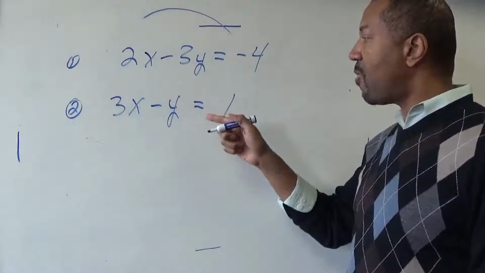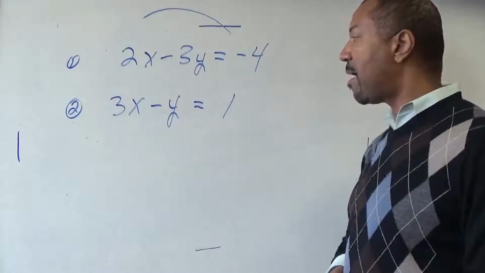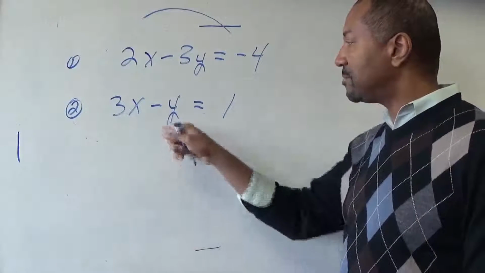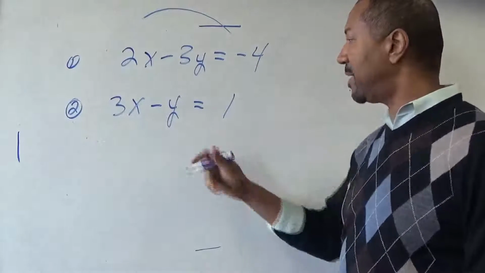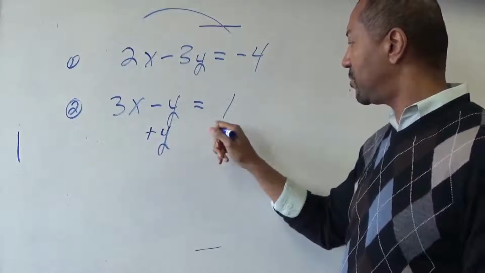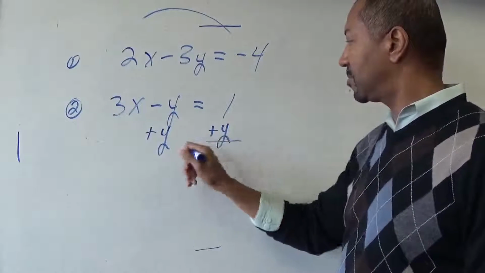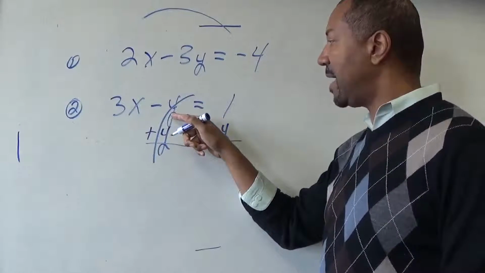Because to solve for y in equation 2, all I really need to do is move this -y over to the other side. So let's do that. I'll go ahead and add y to both sides. So no more -y on the left.